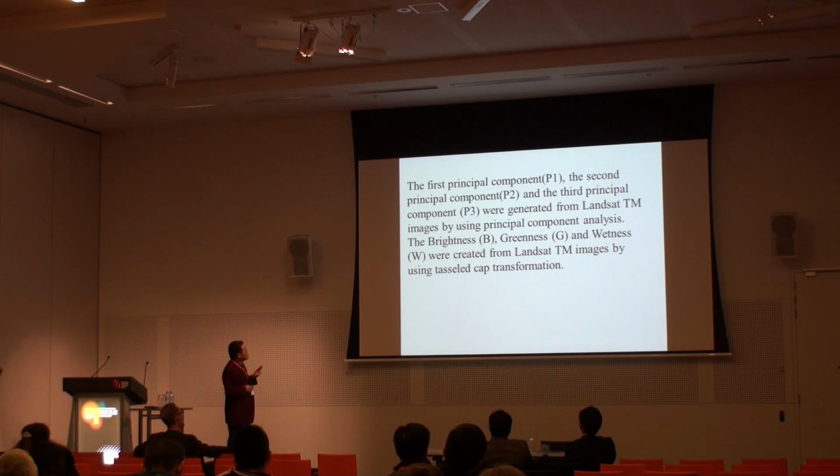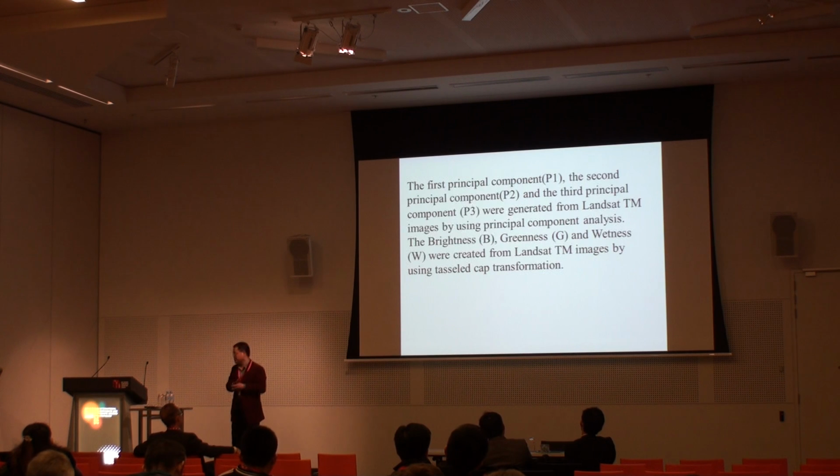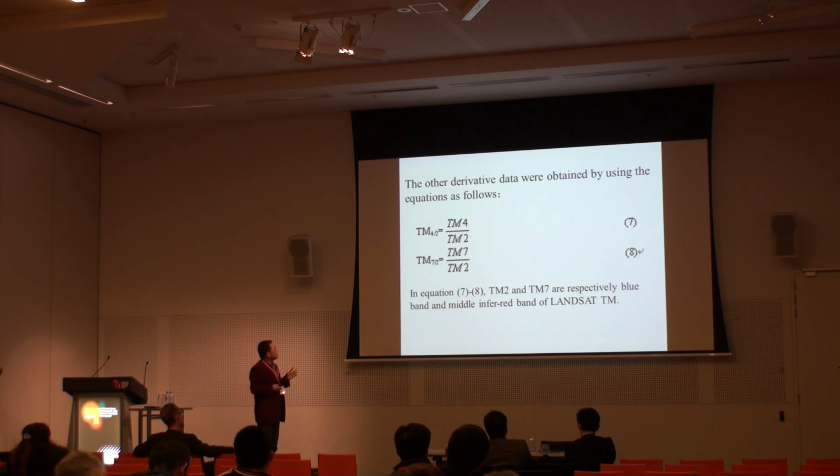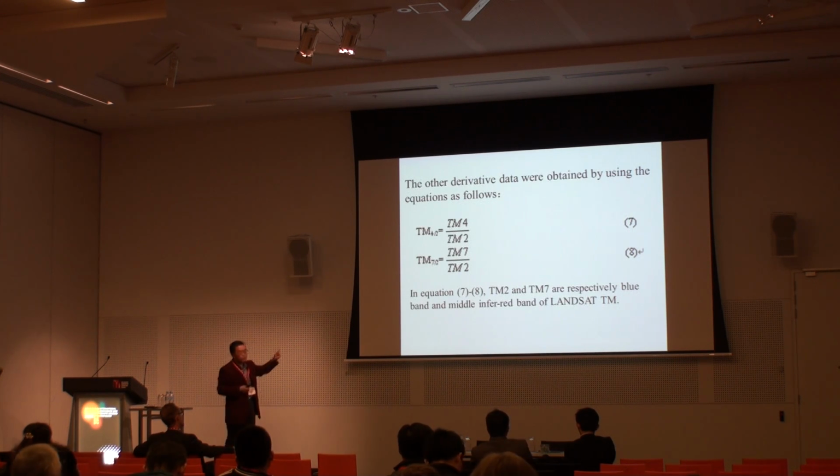And we also use tasseled cap transformation to get three features such as brightness, greenness, and wetness. And we also make some equations to calculate the other derivative data.